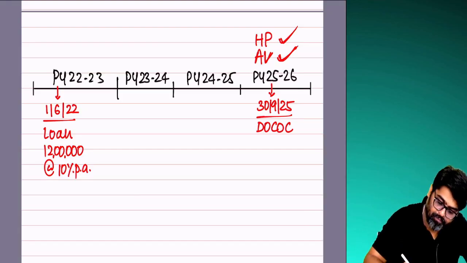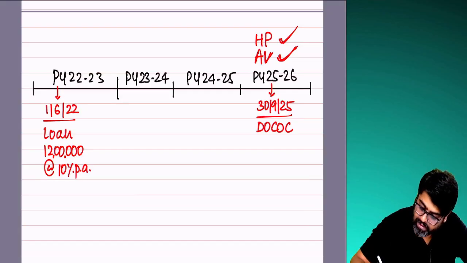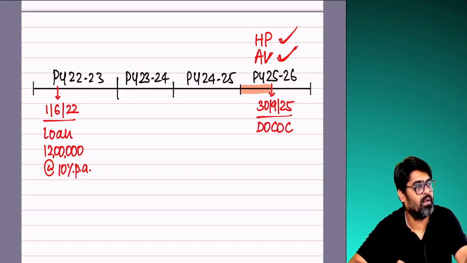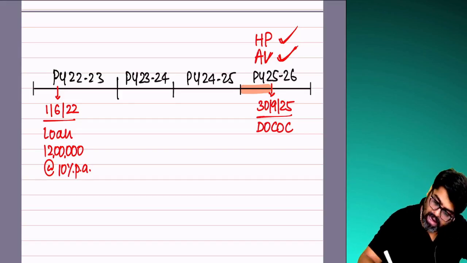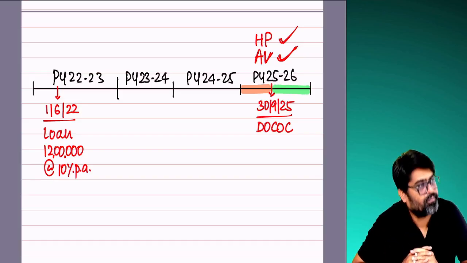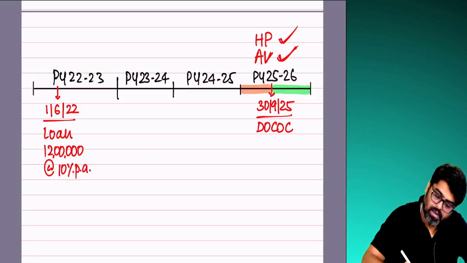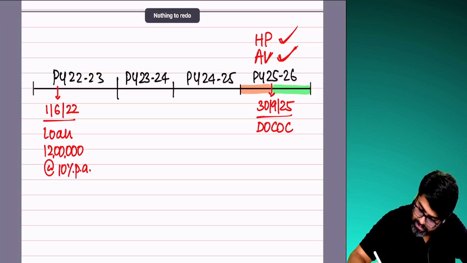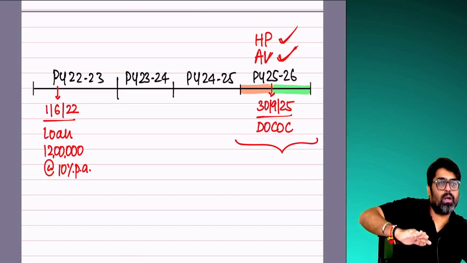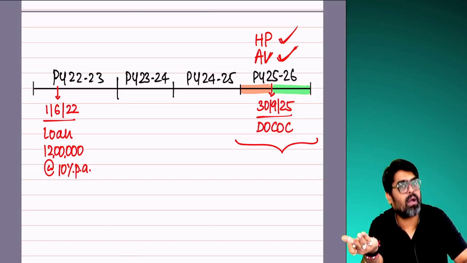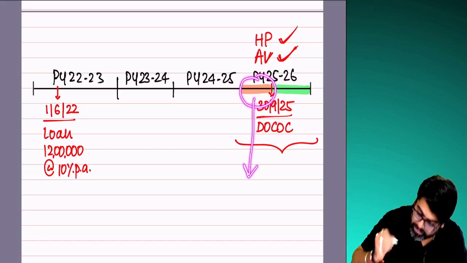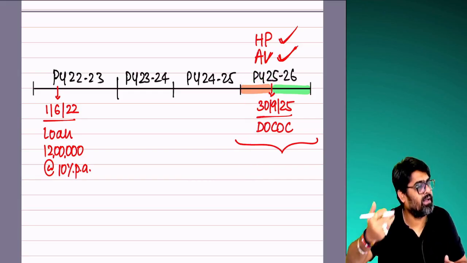So can I say that the interest from 1st April till 30th September, and interest from this date to this date, the interest for the full year, whether prior to construction completion or after the completion, can I say this interest becoming due in this year will be allowed as a deduction in this year?